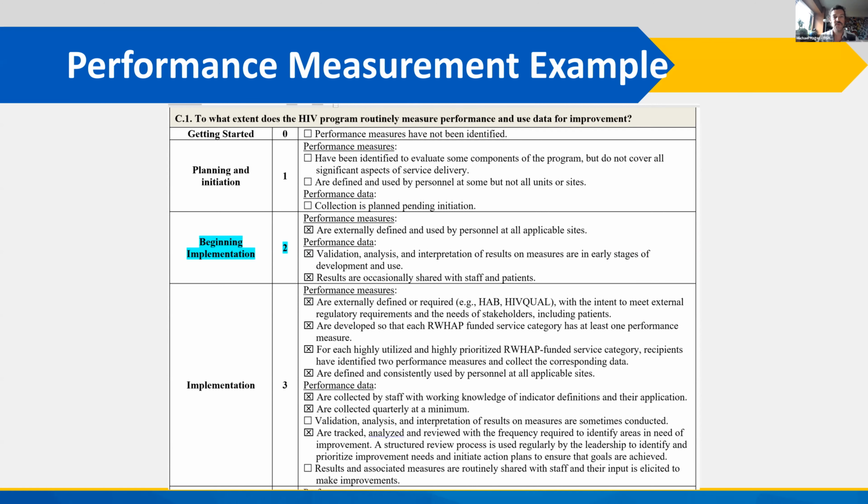So that means that when you have results of information, first of all, you should make sure that that information is accurate by having a validation process and that it's easy to understand what the information is trying to tell you. And then once you've done that homework and you have a sense of how that information tells a story, you should be sharing that story. Share that story with your staff. Get their input.